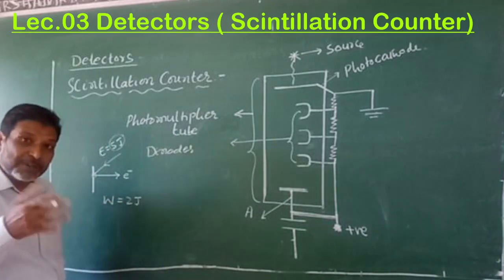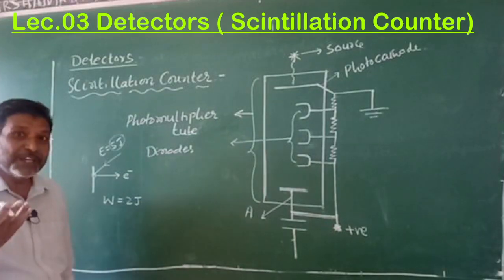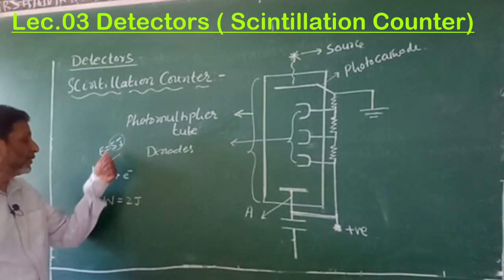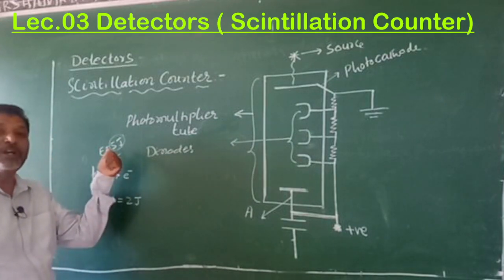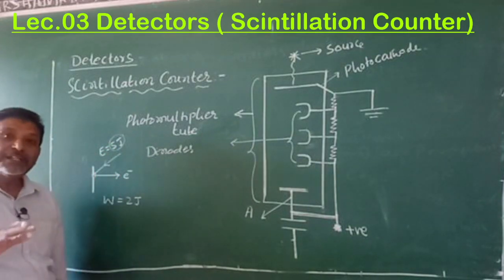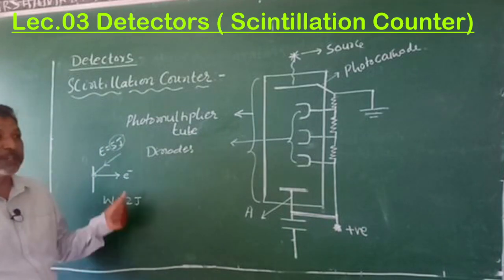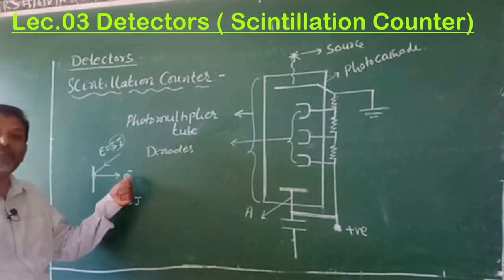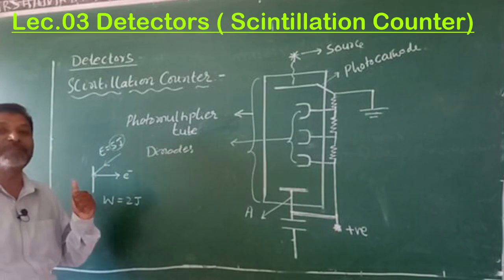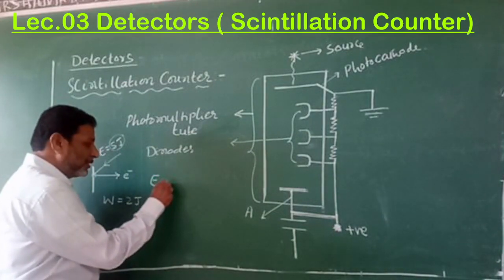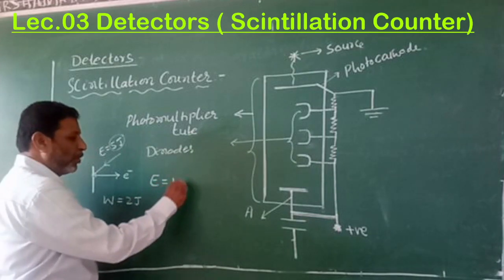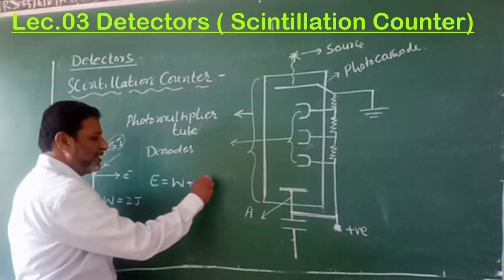And the remaining energy, after supplying this much energy, how much remains? 3 joules. That 3 joules of energy appears as the kinetic energy of the emitted electron. So the energy of a photon is equal to work function plus kinetic energy.